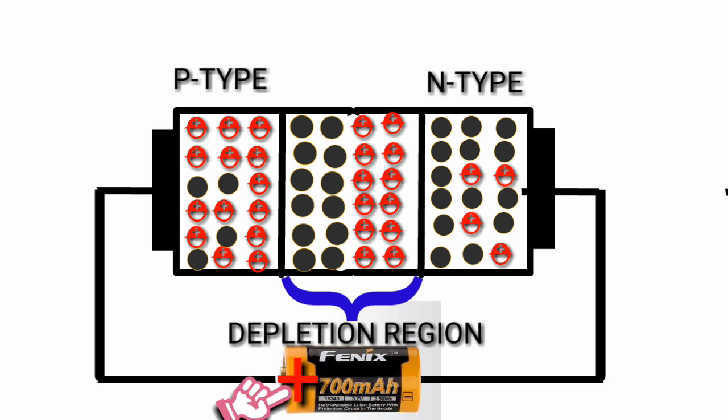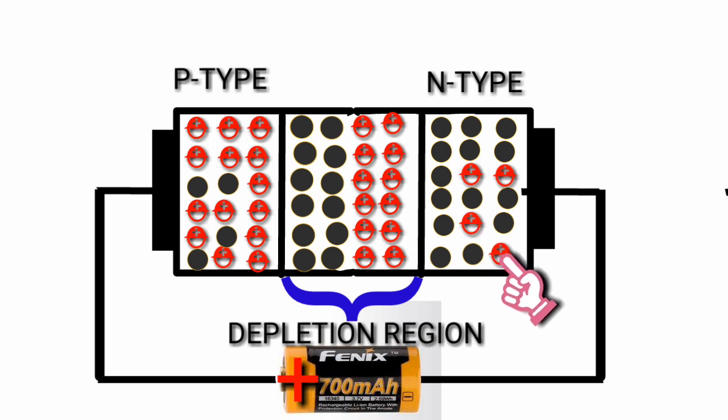The positive of the battery is connected to the P-type, and the negative of the battery is connected to the N-type. The P-type semiconductor has more positive charge and less negative charge, and the N-type has more negative charge and less positive charge.